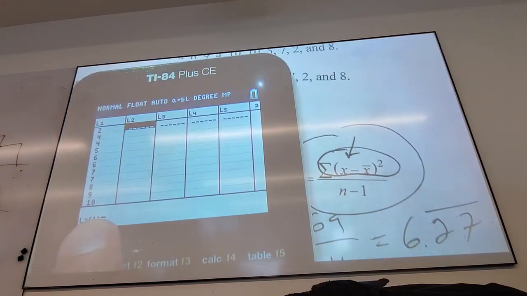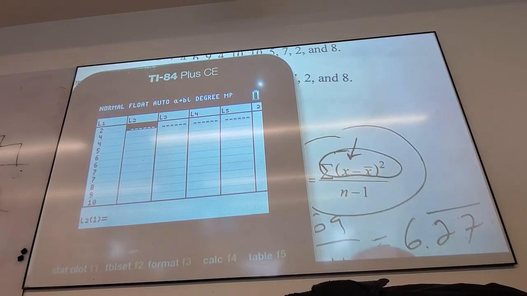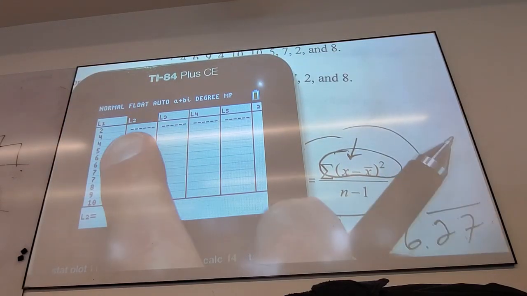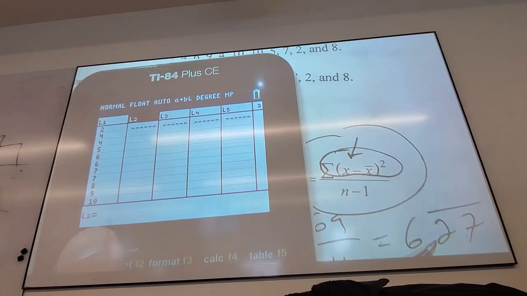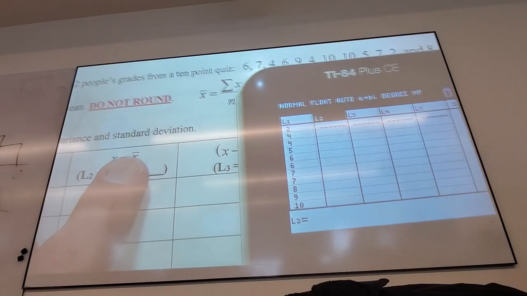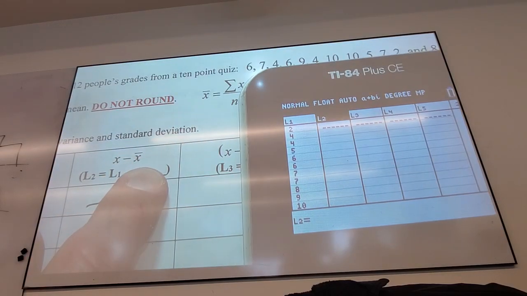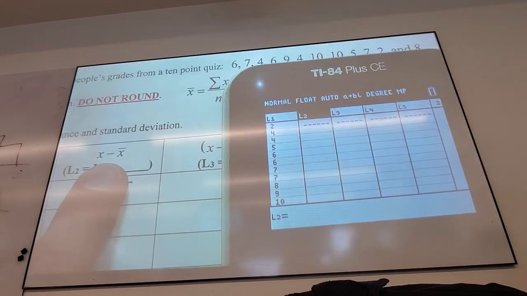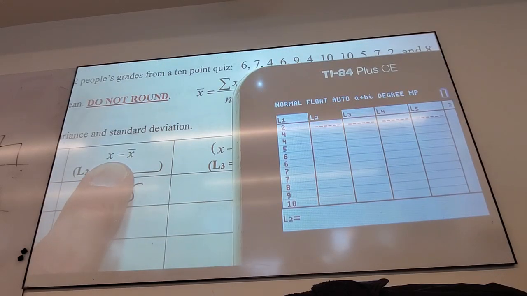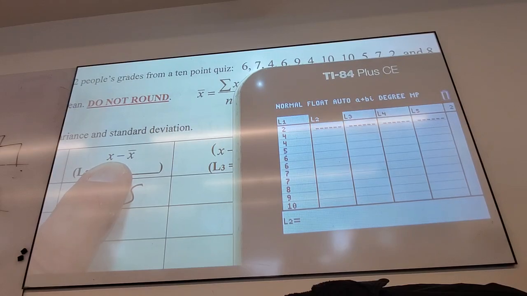All your data's in. You don't have to sort it, but sorting's a good idea. Highlight list 2. I want list 2 in this case to be the distance my data point is from the mean. So where are my x's? Where are my data values? In L1.